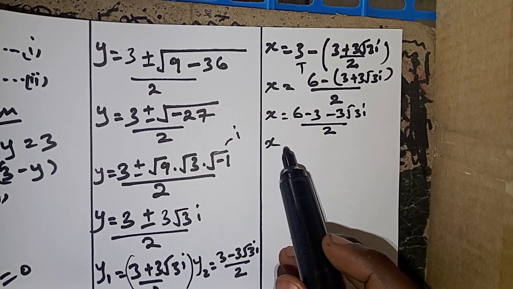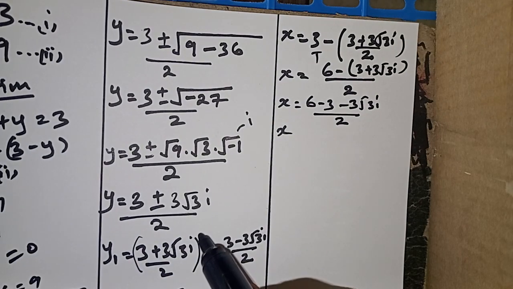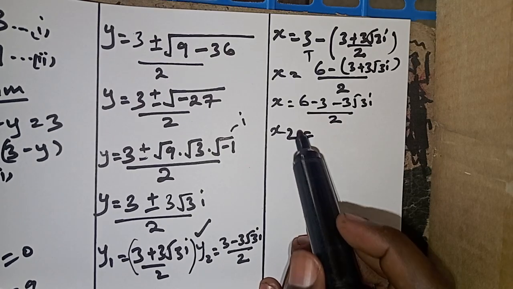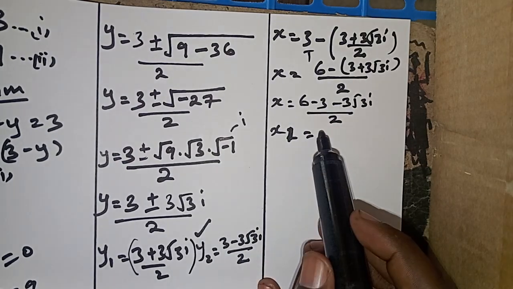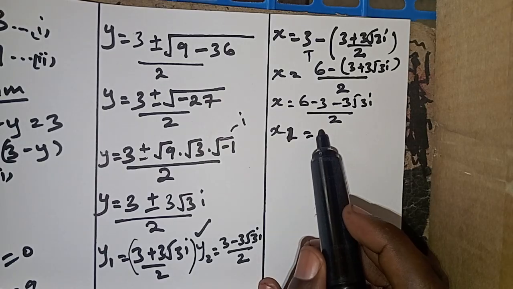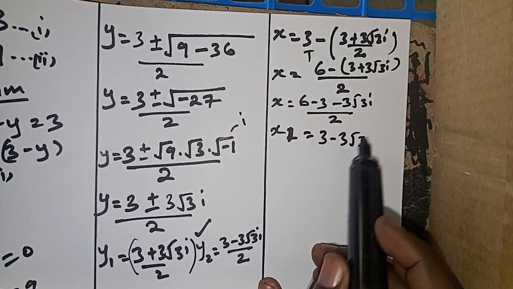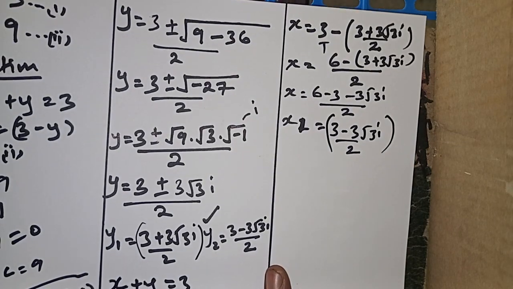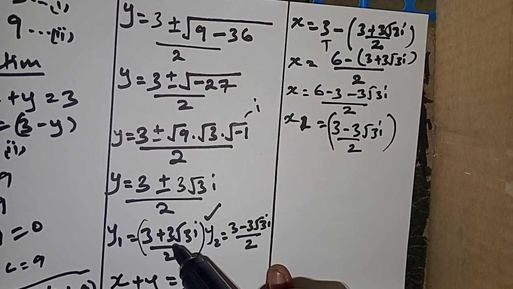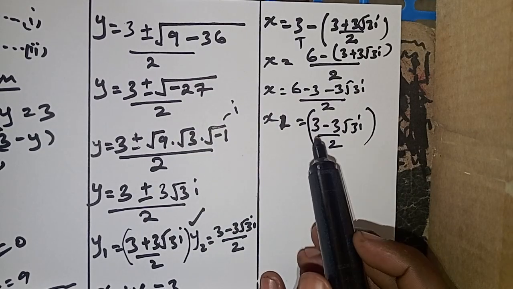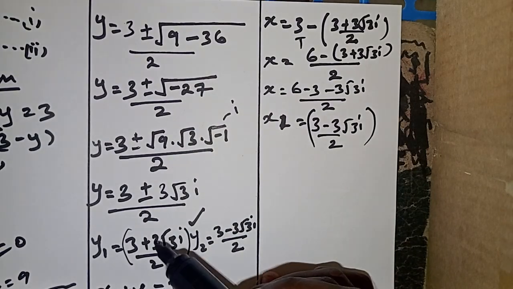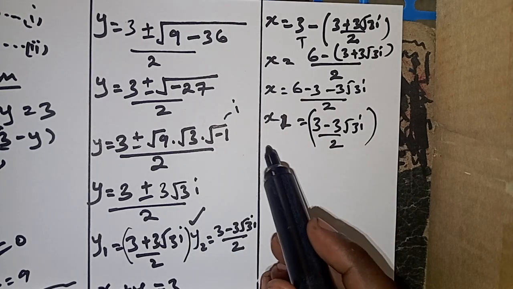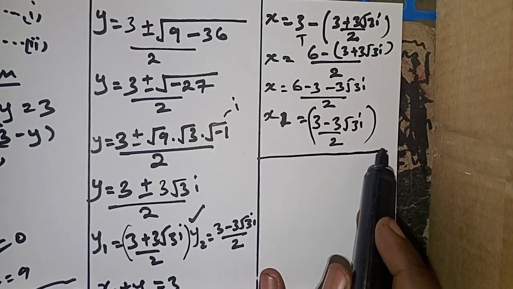So for y1 equal to this, the corresponding x1 will be equal to 3 minus 3 root 3 i over 2. You realize that both the corresponding value of x and the value of y are complex numbers.